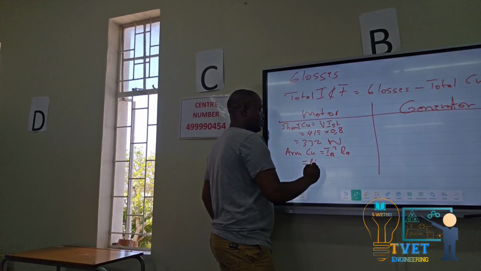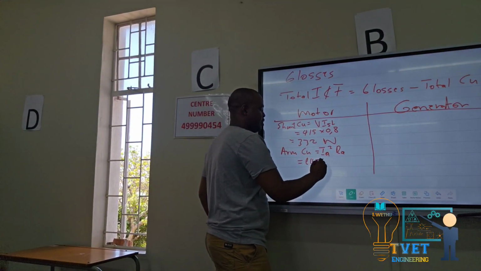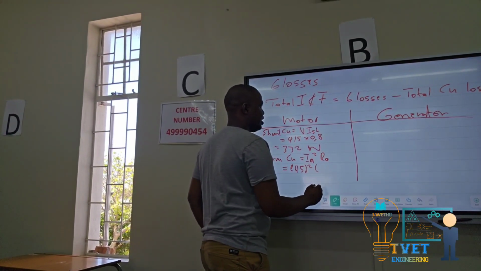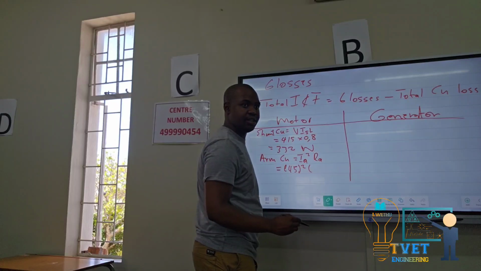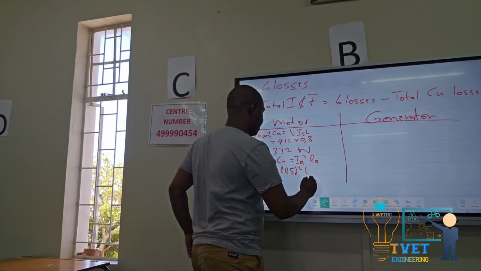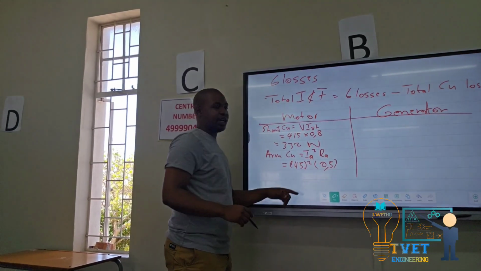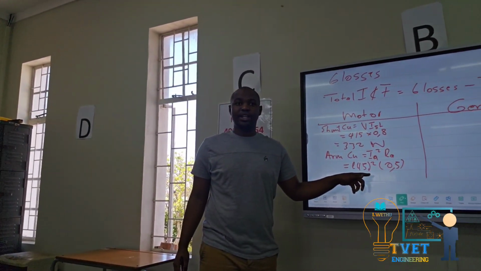Then I can proceed and calculate the armature copper loss, which is going to be 45 squared times armature resistance 0.15. Square. I see people forget the square.